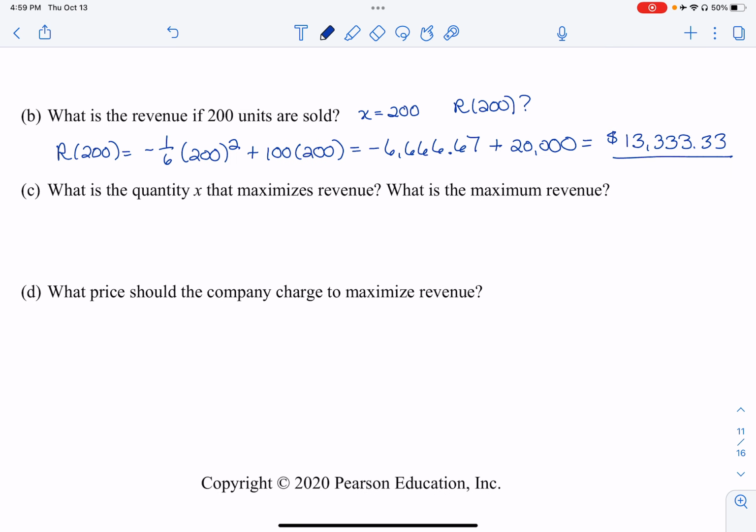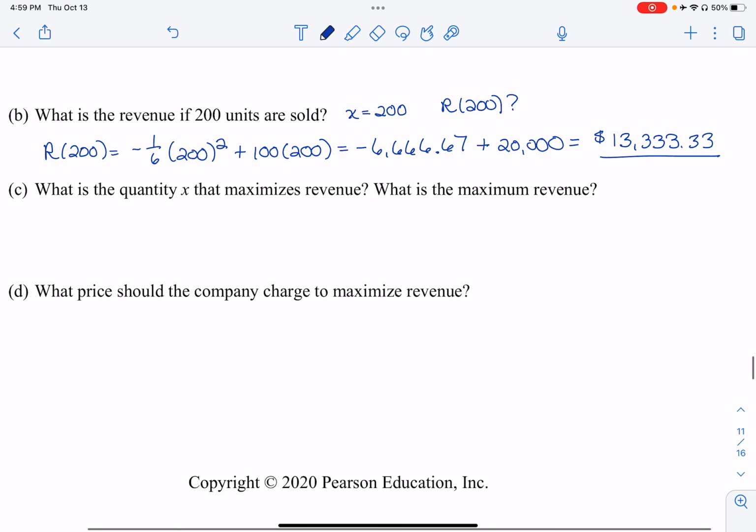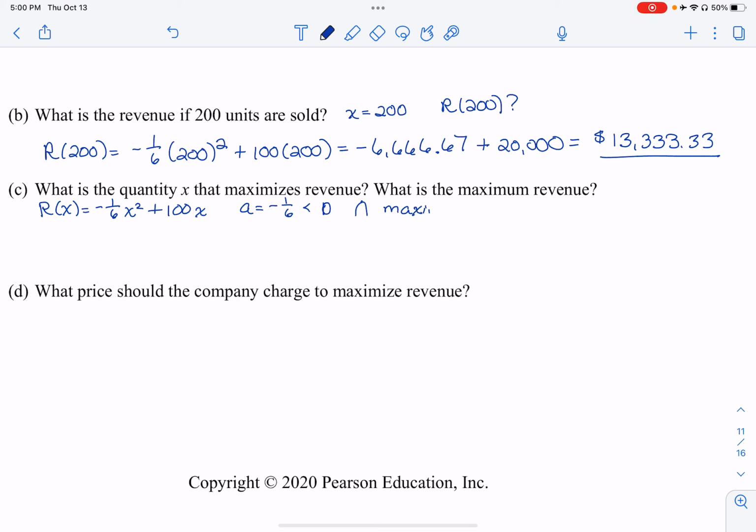The next question asks, what is the quantity that maximizes the revenue and what's the maximum revenue? So again, if we look at this function, R of X is equal to negative 1/6 X squared plus 100X. Here, a is equal to negative 1/6, which is less than 0. So that means we're concave down. It means we have a maximum at the vertex.